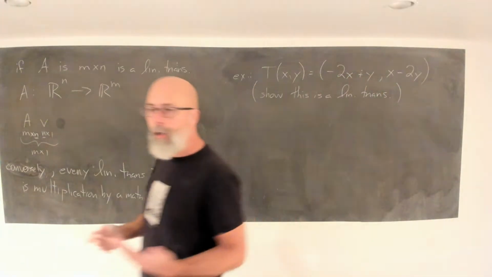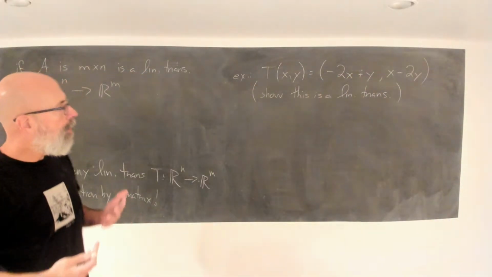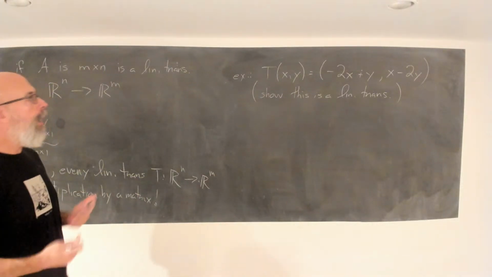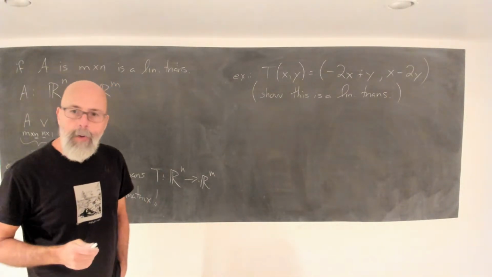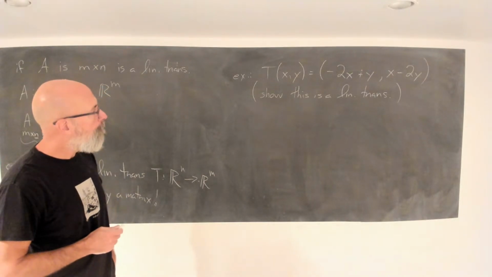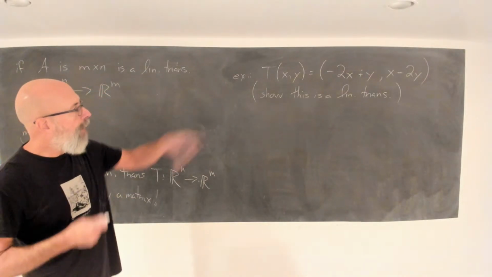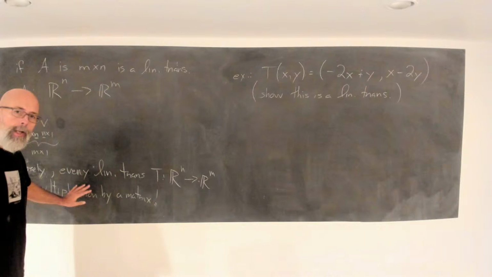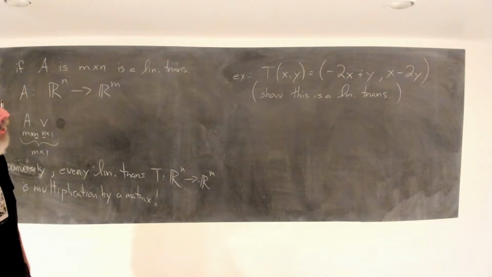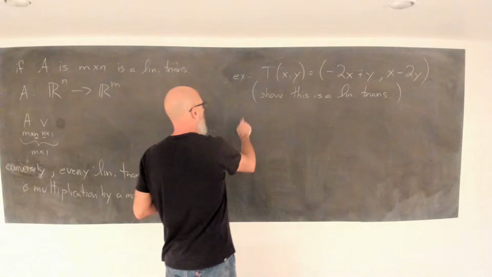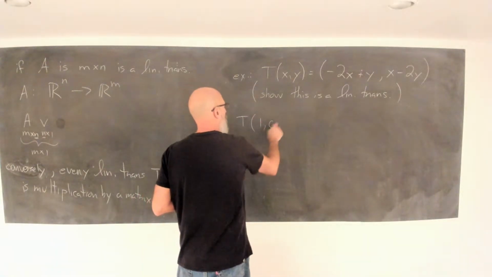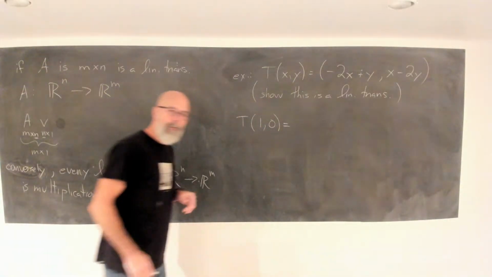We saw in class that if you know how a linear transformation behaves on a basis, you know everything about that linear transformation. And in fact, we saw how to get the matrix representation by observing how T behaves on the standard basis.